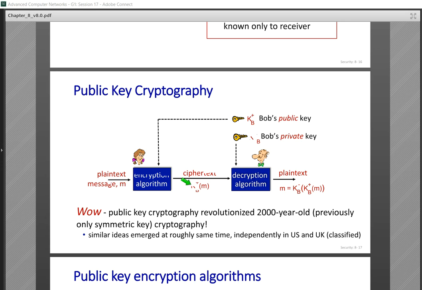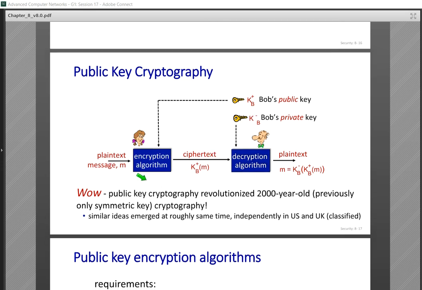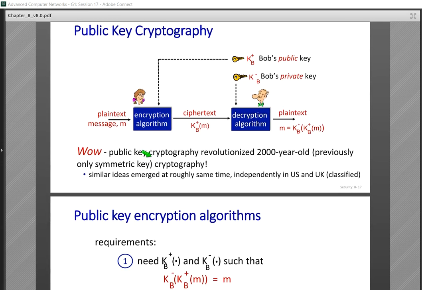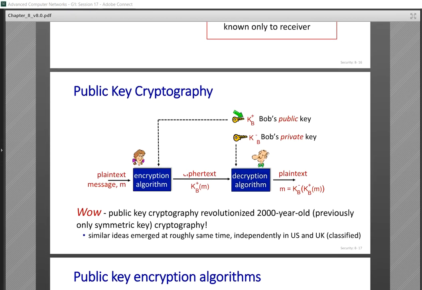So Alice finds the public key of Bob, and as I said, this key is distributed over the internet, so everyone can access this key.